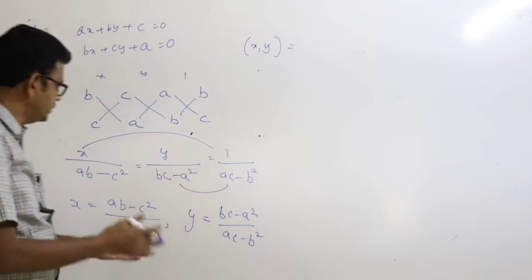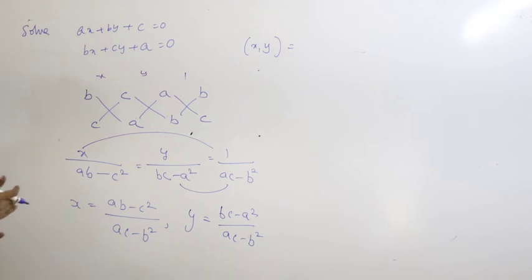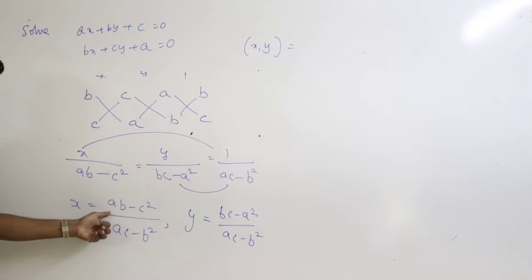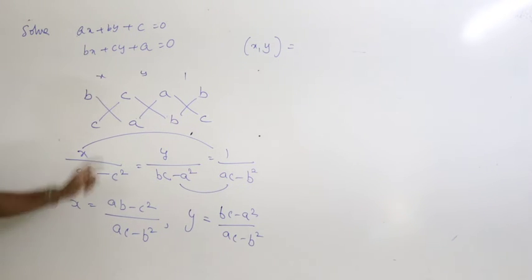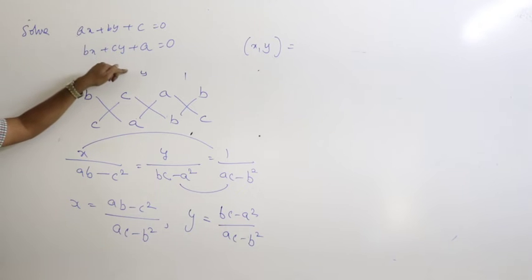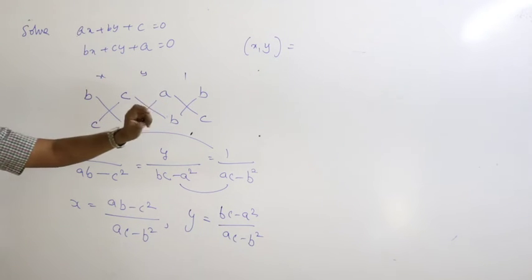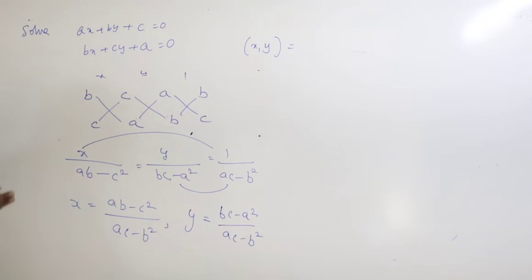Suppose you are doing the elimination process, multiplying this by b and this by a, you will get a different route. After finding the x value, you substitute it in the first or second equation to find y, which is comparatively a little bit lengthy, and there is a chance you make some mistakes. That's why this is a very simple method.